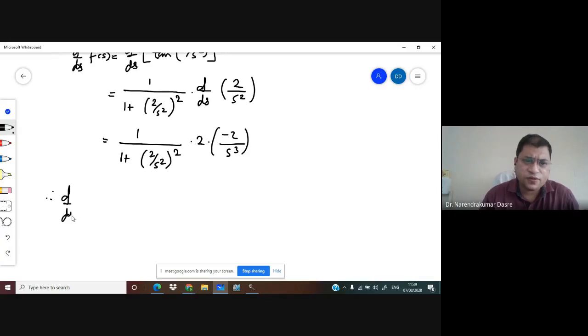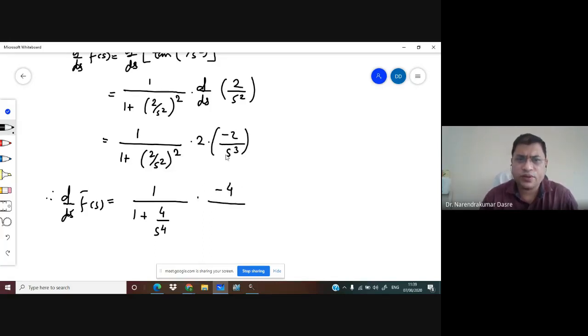So we have d by ds of f bar of s as 1 upon 1 plus 4 upon s raised to 4. Please be careful that we have to take s square and its square. Now this is minus 4 upon s cube. Now this s raised to 4 will go in the numerator, so we have s raised to 4 upon s raised to 4 plus 4 into minus 4 upon s cube.